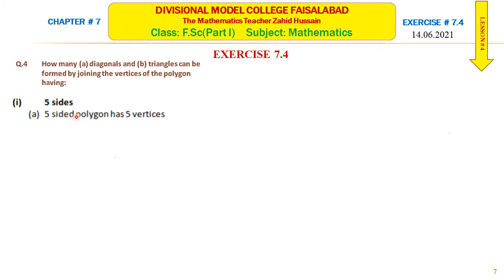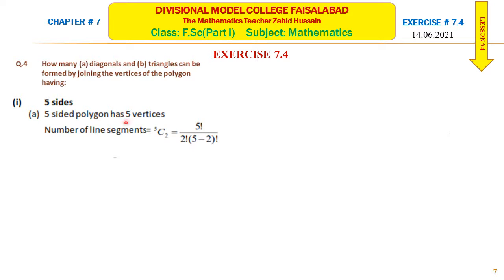And we know that one side is obtained by joining 2 vertices. If this is a triangle ABC, when we join A and B, we get one side. B and C, we get another side. C and A, we get another side. So there are 5 vertices. If we join 2 vertices, we get one side.